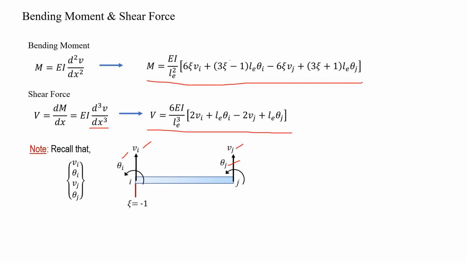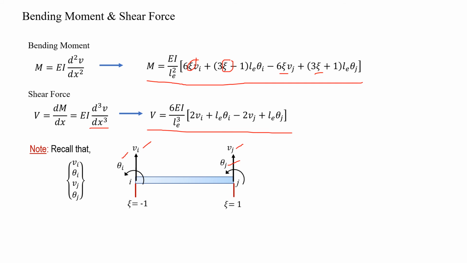In this equation we have zeta here, and here. This zeta is the natural coordinate, and in one element it always starts with -1 and ends with 1 when x equals L.